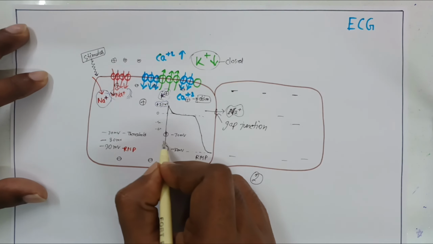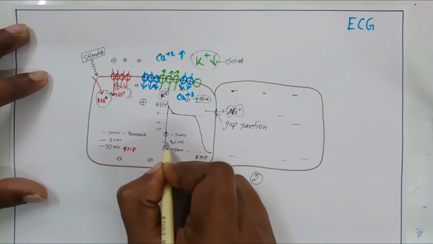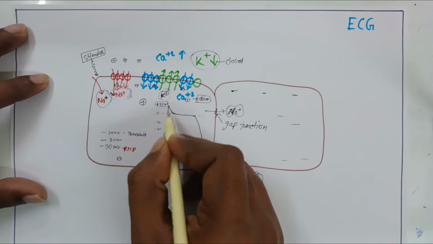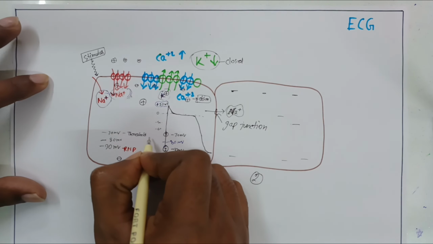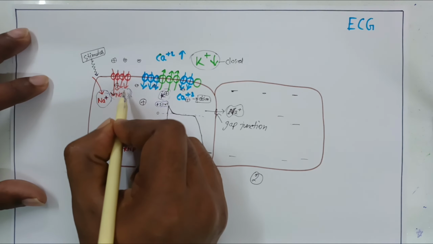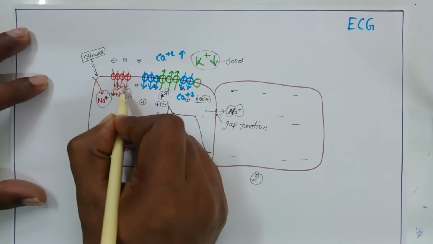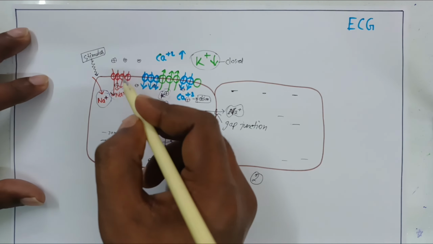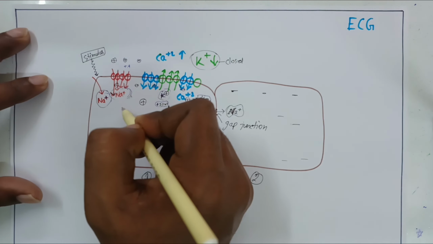It increases to minus 80, then minus 70, and further values. At minus 70 millivolt, which is the threshold of this ventricular myocyte, the voltage gated sodium channels are open. Due to this opening, lots of extracellular sodium gets into the cells.